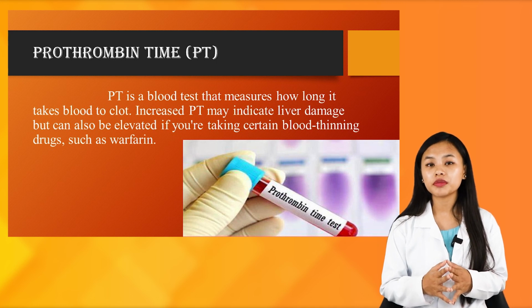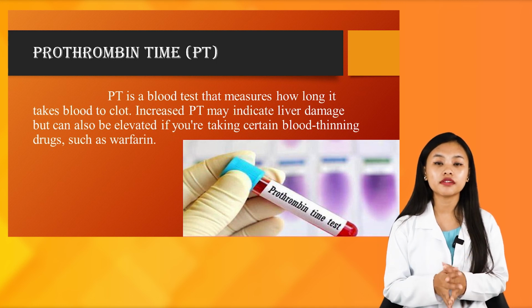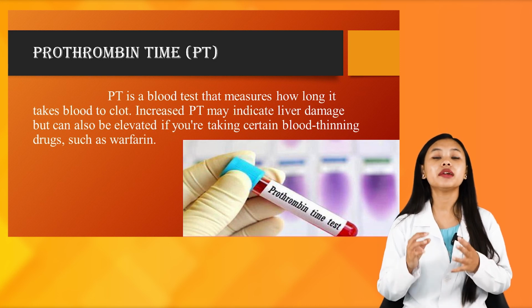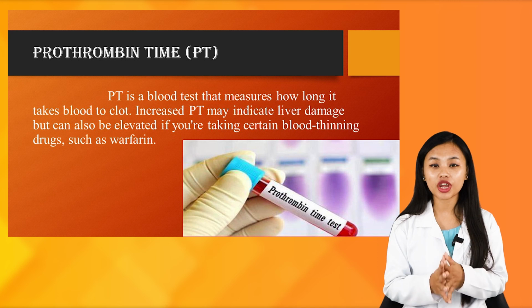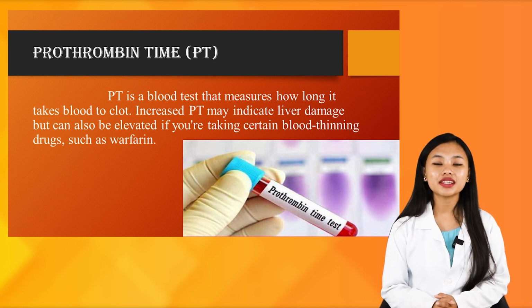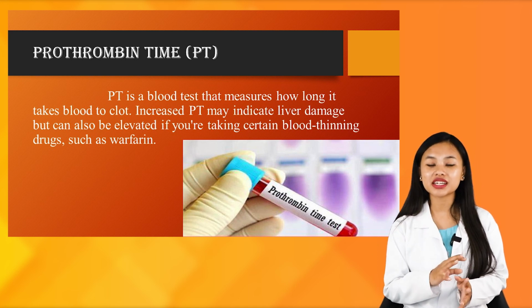However, this prothrombin time can also be elevated if a person is taking any blood thinning drugs such as warfarin. So here, just by conducting the liver function test and by checking all these enzymes, we will be able to get an idea whether a person is suffering from any liver disease or damage or not.